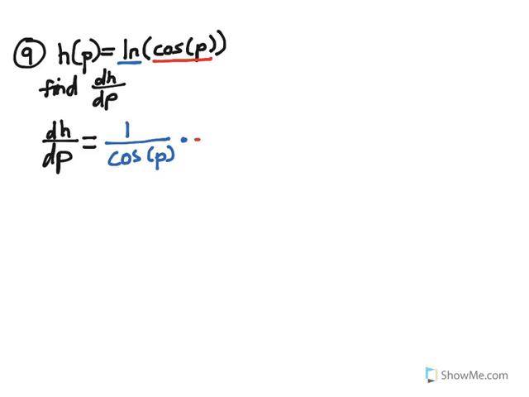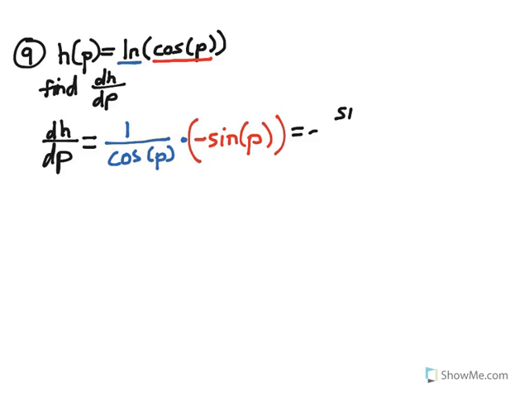Derivative of cosine is negative sine of p. And clean this up a little bit. You get negative sine, wow, my handwriting is getting really ugly here.